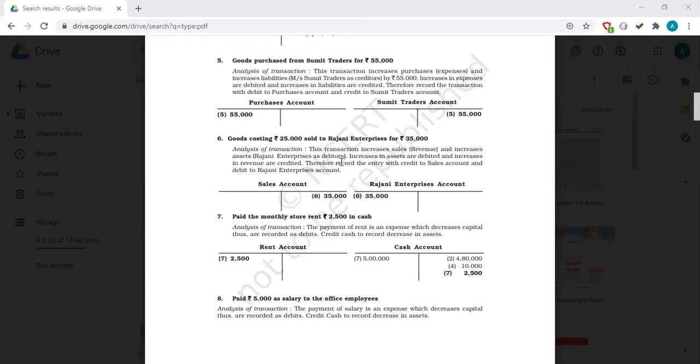Rajni Enterprises is receiving goods, and because of the sales, our goods are decreasing. Is it clear? So the sales account, you can see on the credit side 35,000, because goods are decreased. Rajni Enterprises account, they are going to pay us in future.